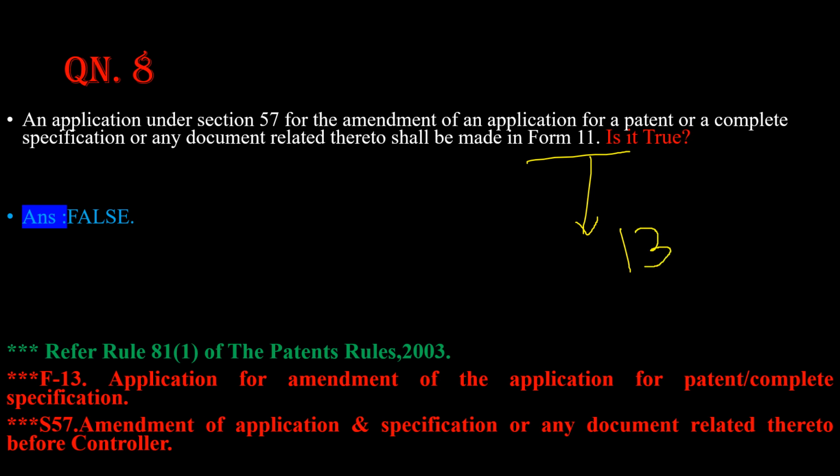Right? That's why the answer will be false. So please refer rule 81 sub rule 1 of the Patents Rules 2003 where form number 13 is application for amendment of the application for patent or complete specification, and section 57 is amendment of application and specification or any document related thereto before controller.